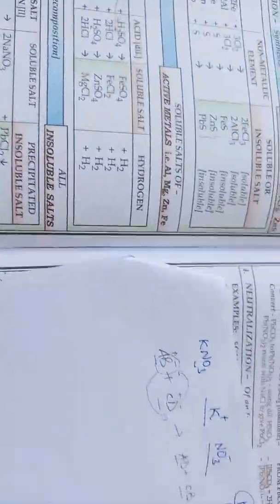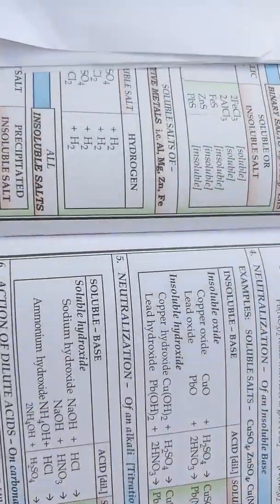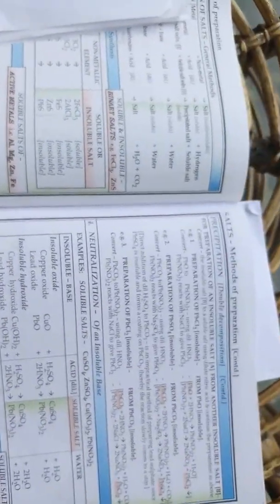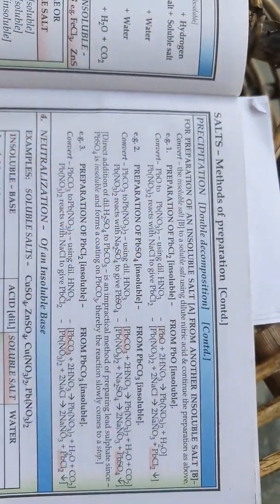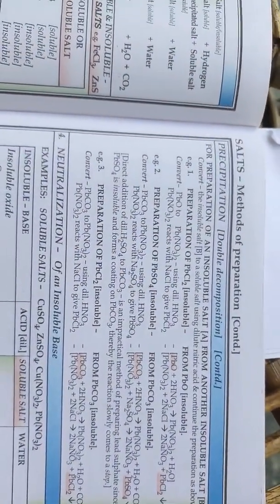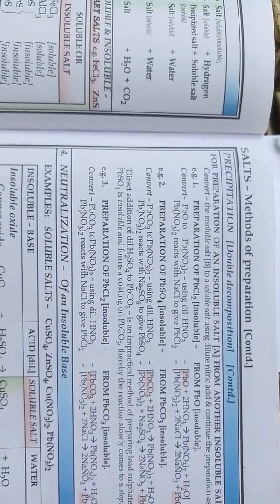Using the same method, they have given a few other ways to prepare salts. It says, for preparation of an insoluble salt A from the insoluble salt B, then they give examples.